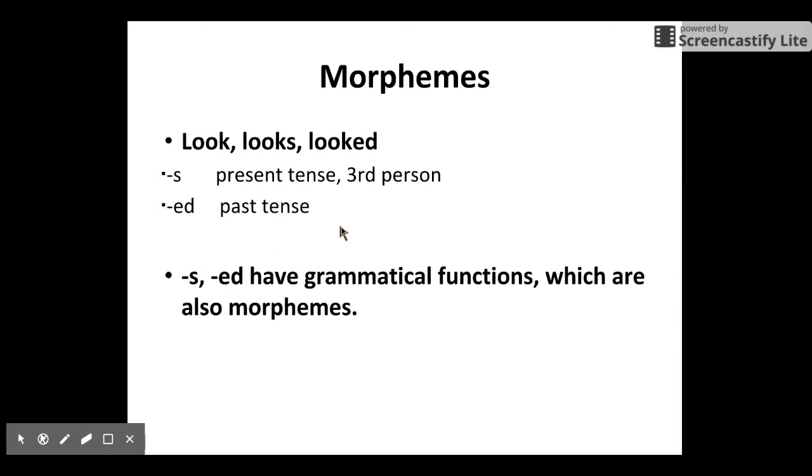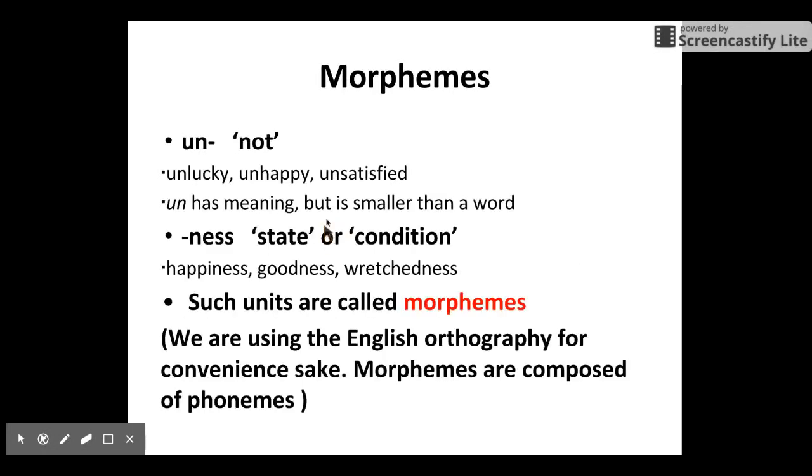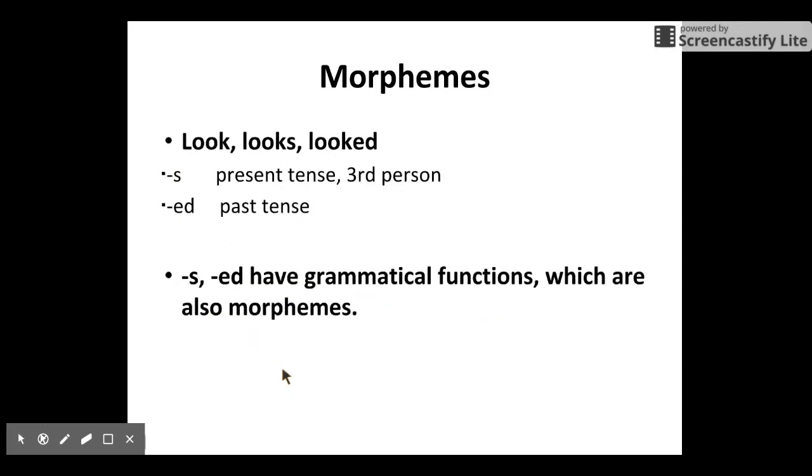Okay, and so this set of morphemes like un and ness have some specific semantics, but sometimes we have some morphemes which do not have specific semantics. They do not have a specific meaning, but they do have some grammatical functions.